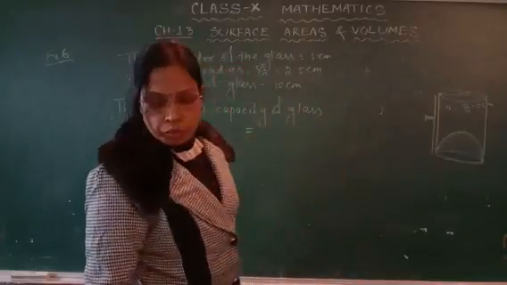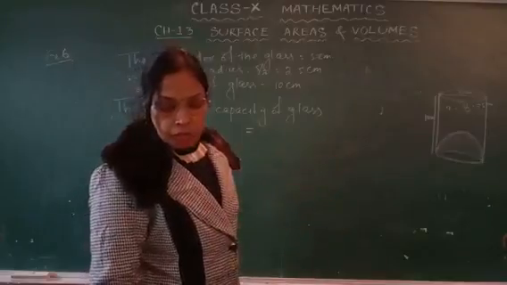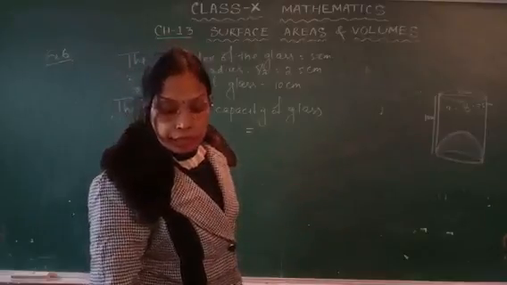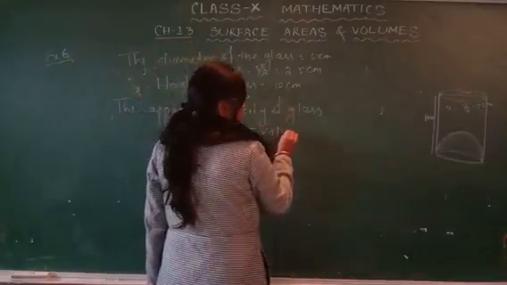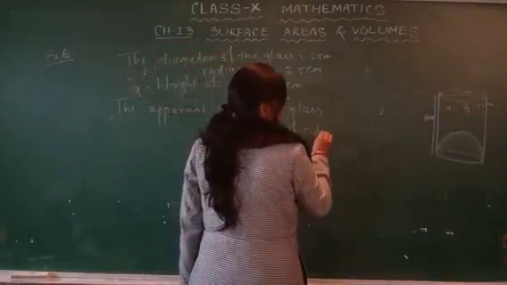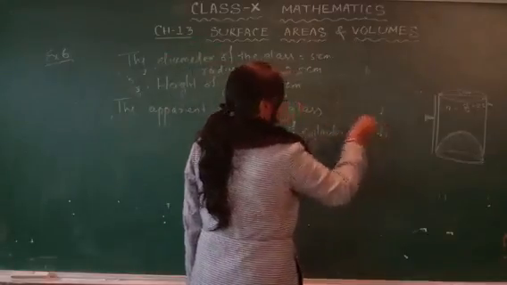That is the volume of the cylindrical glass. The volume of a cylinder is pi r square h.